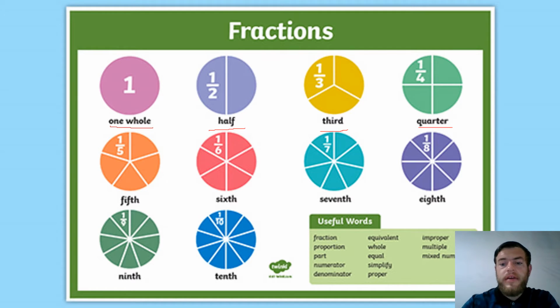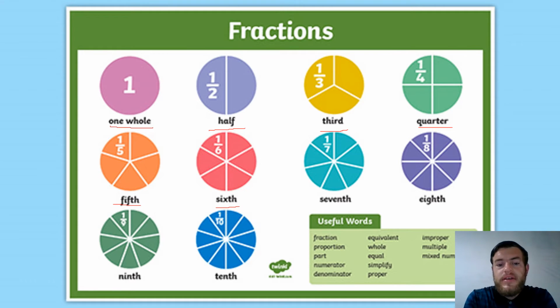The fourth one is classified as a quarter or 1/4, which identifies that the circle or pizza is cut into four equal parts. The fifth one is identified as a fifth, where the pizza is cut into 5 equal parts.